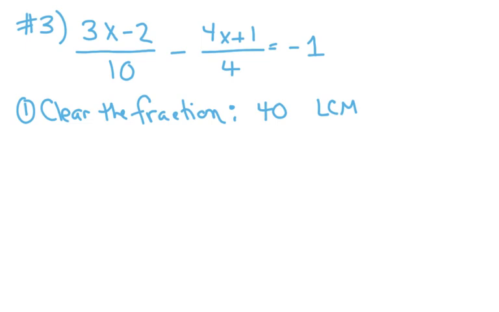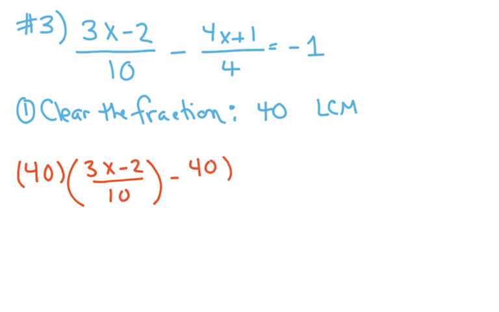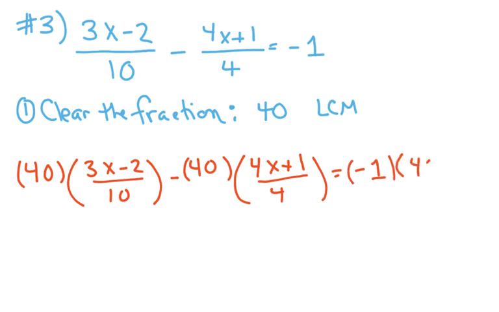So what happens if I multiply each term by 40? Well, we take 40 and multiply it by 3x minus 2 over 10. And then I'm going to take 40, multiply it by 4x plus 1 over 4. And I have to remember to multiply this by 40 as well.